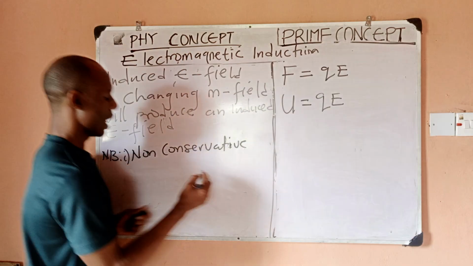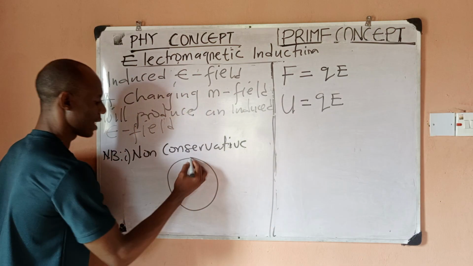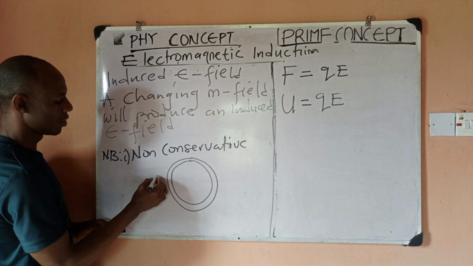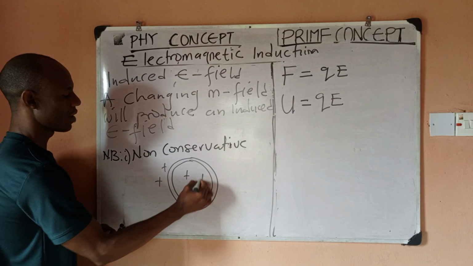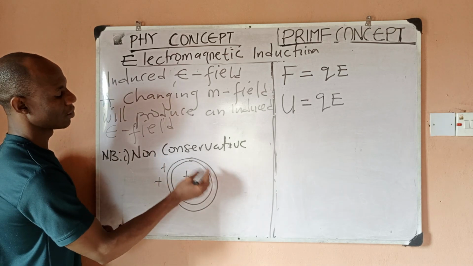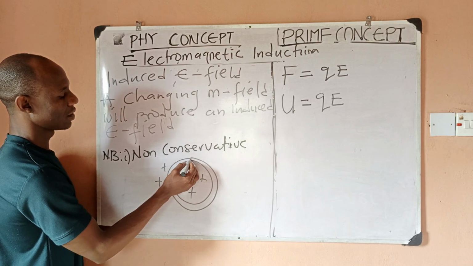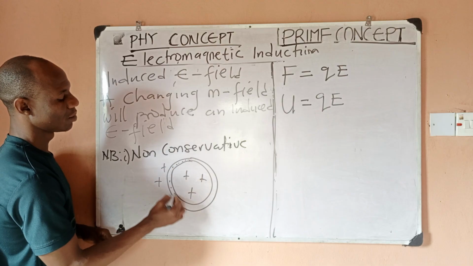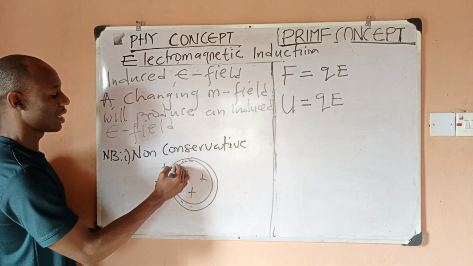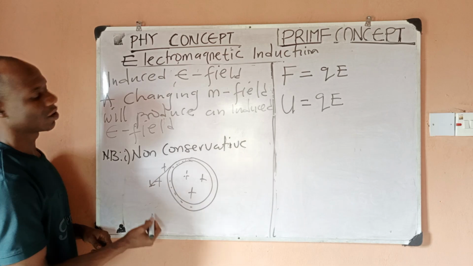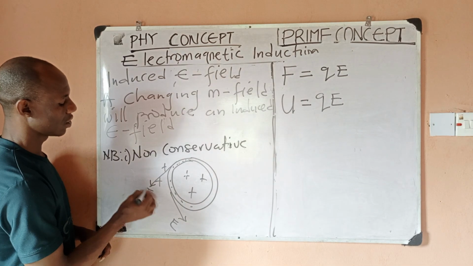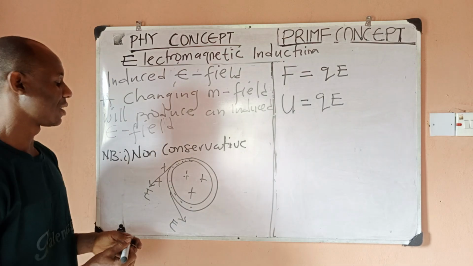If our conductor is circular like this, and it's moving through a magnetic field that is into the board, at every point the electrons in this conductor will be moving, and the direction of the electric field can always be gotten by taking a tangent at every point. So this would be the direction of the field at every point in time.